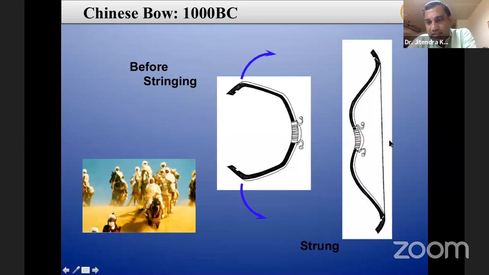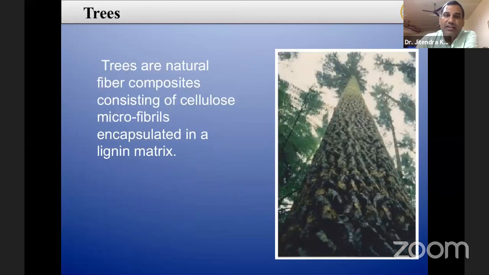You can draw it, apply whatever force you want, and then release the string, and according to the applied force the arrow moves further distances. That is the Chinese bow from around 1000 BC.